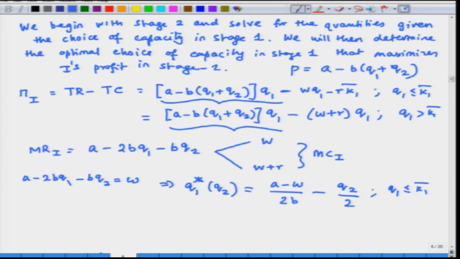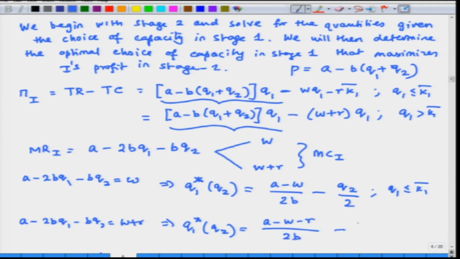Similarly, setting A minus 2B Q1 minus B Q2 equals W plus R will give us the best response function of firm 1, which is A minus W minus R divided by 2B minus Q2 by 2 for Q1 greater than K1 bar. So, this is the best response function for firm 1.